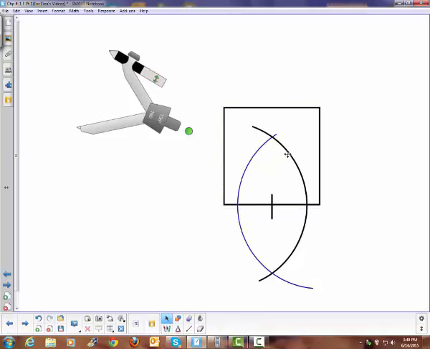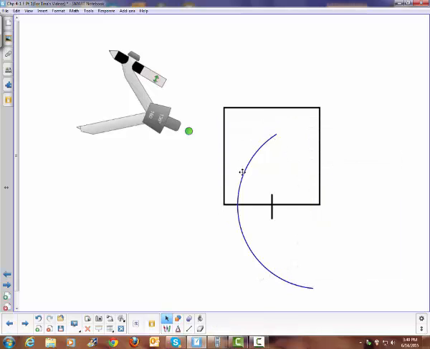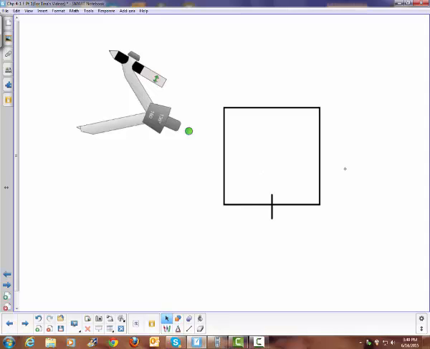Now I want to get these arcs out of here so that they aren't in the way, so I'll delete those. Okay, so I'm getting rid of those. Alright, so now you can see I have a square, and the base of the square has been bisected exactly in half. Alright, now I need some extra working lines on this figure.